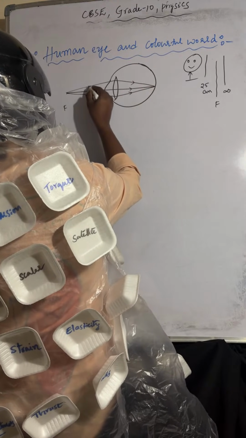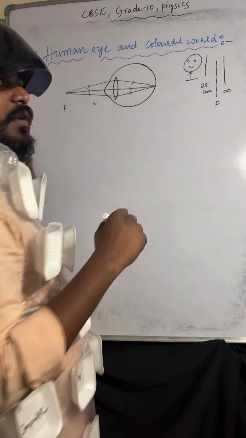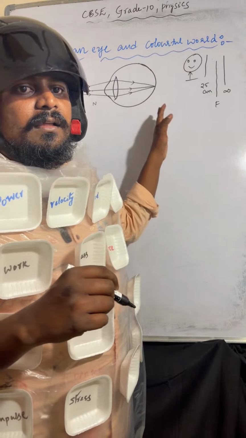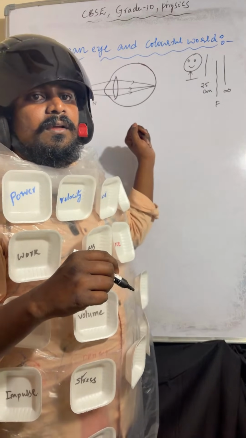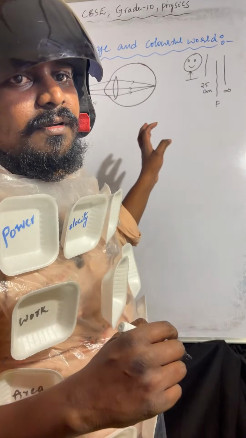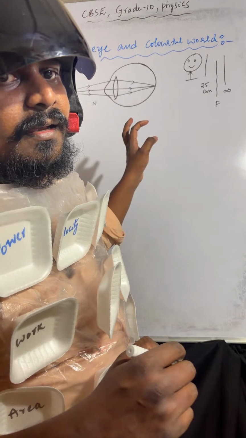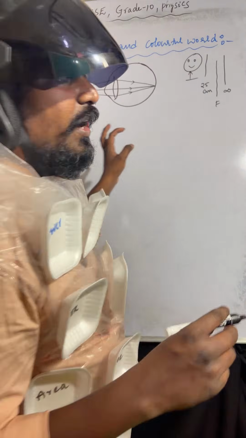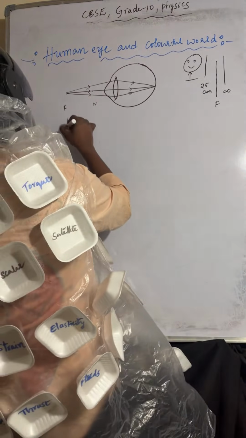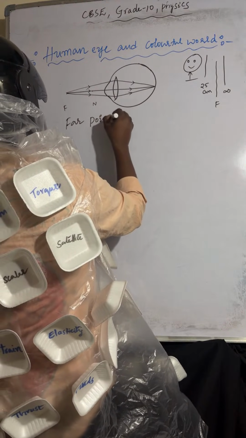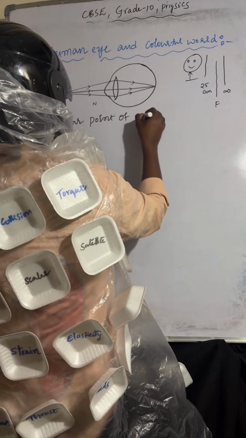You can observe the near point and far point. So this is the far point of the myopic eye.